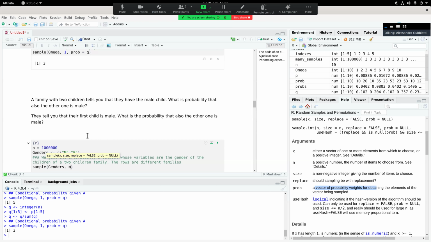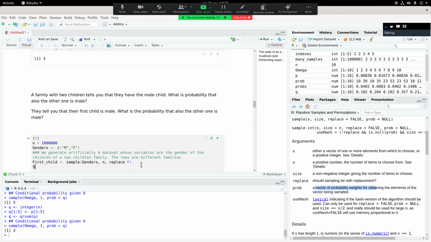And let's do the same for the second child. Then we bind together these two columns.